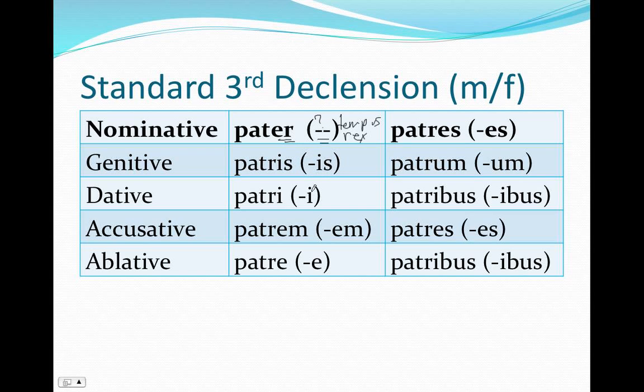Then is in the genitive, i dative, em accusative, e ablative. Plural: es, um, ibus, es, ibus. If you take a paradigm like pater, simply memorizing it in this order will help to cement these in your mind: pater, patris, patri, patrem, patre, patres, patrum, patribus, patres, patribus.